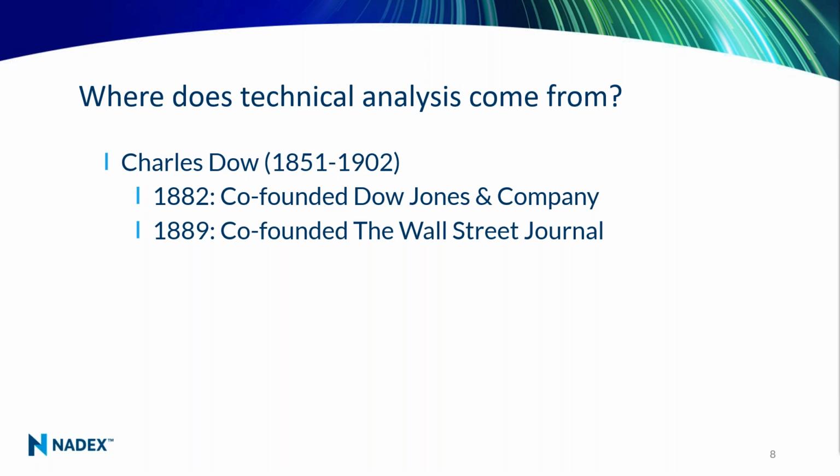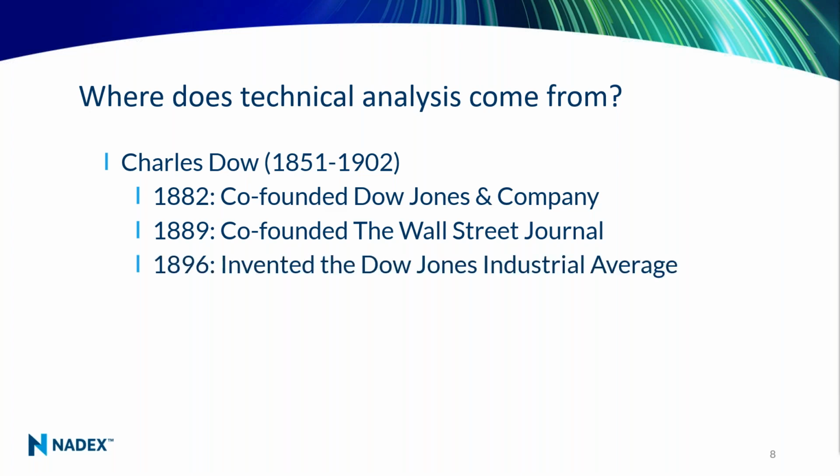So when it comes to Charles Dow, those are a couple of really cool things: Dow Jones Company and the Wall Street Journal. Now, he did calculate with Edward Jones. Edward Jones was a statistician back then, and they calculated an index, an average, the Dow Jones Industrial Average.